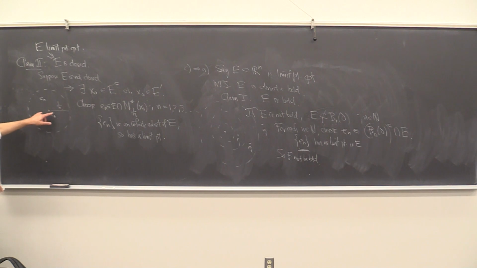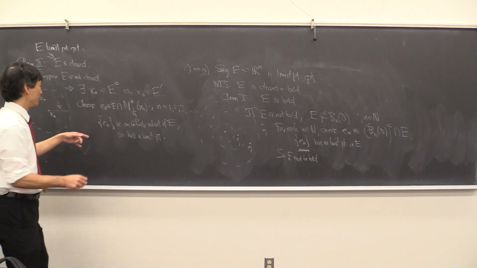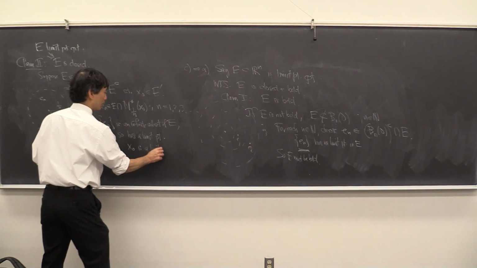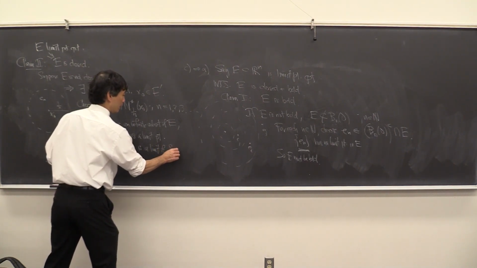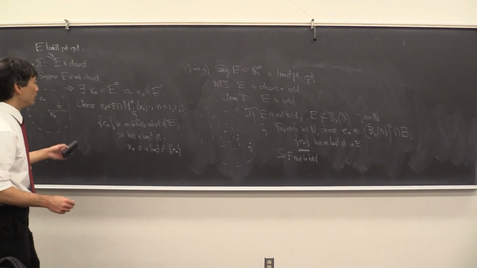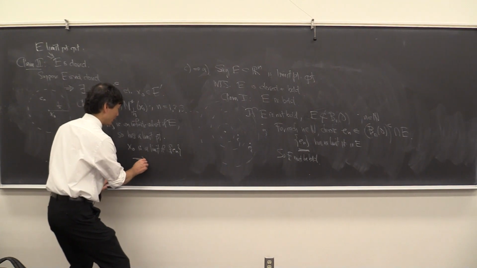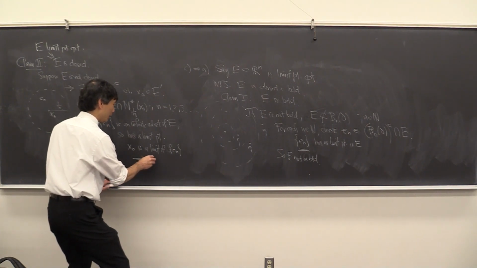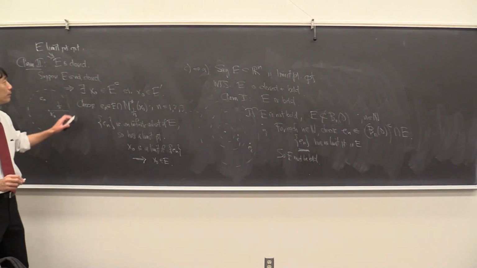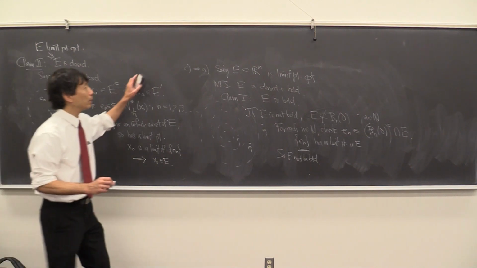Clearly, x naught is a limit point of the E sub n, right? And so by limit point compactness, you know that x naught must lie in E.